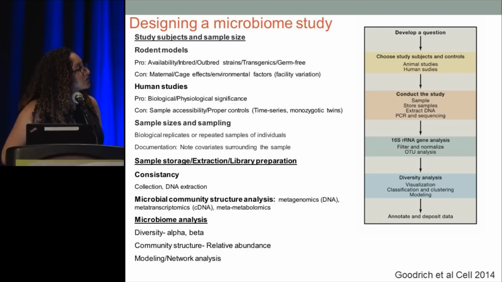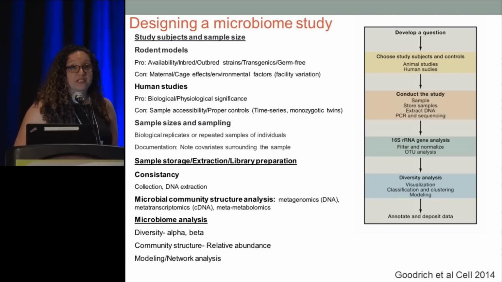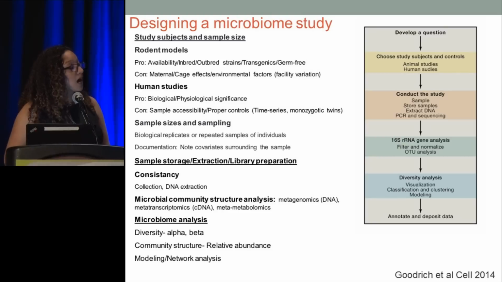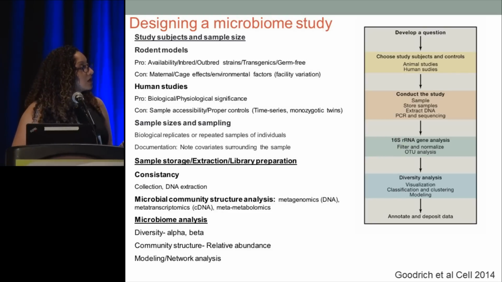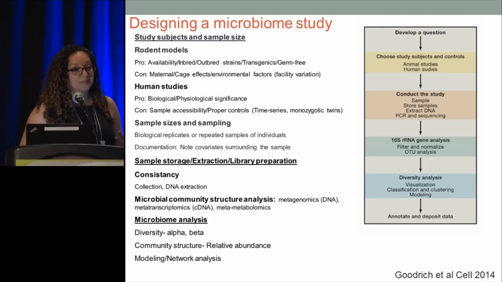One can use rodent models, and the advantages of using a rodent model are the availability, the fact that you have both inbred and outbred strains, transgenic mice to understand the effects of host genetics, and the fact that you have this germ-free system where you can give whatever microbe that you would like to give and see its effects in the context of low-caloric sweeteners. However, you do have certain cons, including maternal effects, cage effects, and how the environment may influence the microbial community.